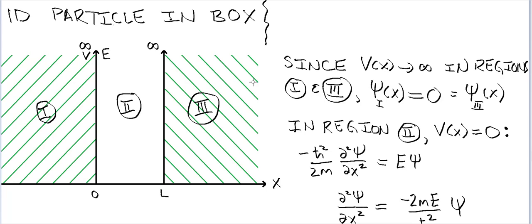There's a couple of things I want to point out. Since V of x approaches infinity in regions 1 and 3, there's no way that you can find the particle there because it would have to have an energy greater than or equal to V, and that would assume infinite energy, which is not a physical solution.